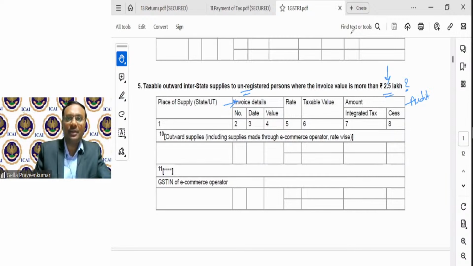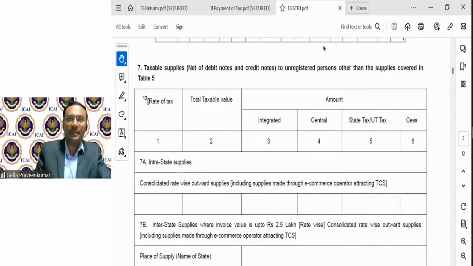And when I travel to table number 7, that is a regular B2C, other than table number 5. That means all this is less than 2.5 lakh.